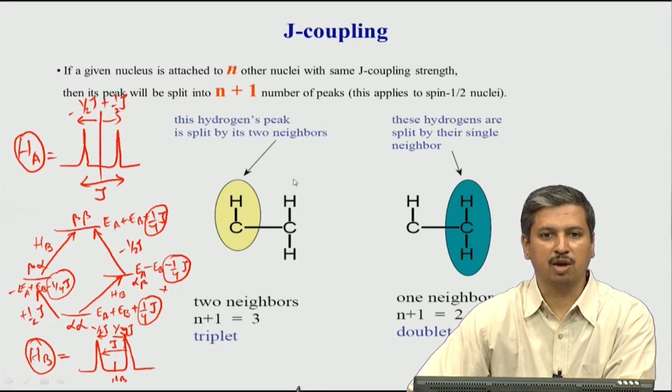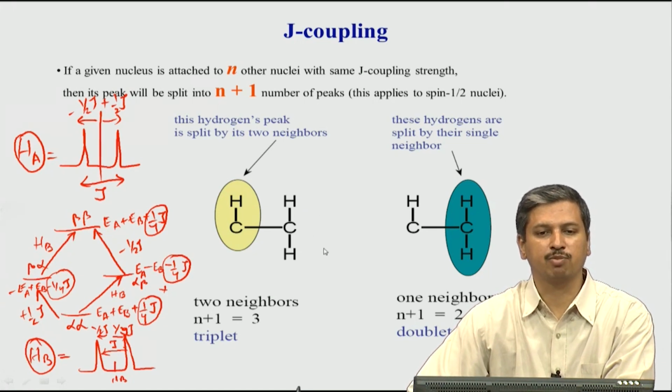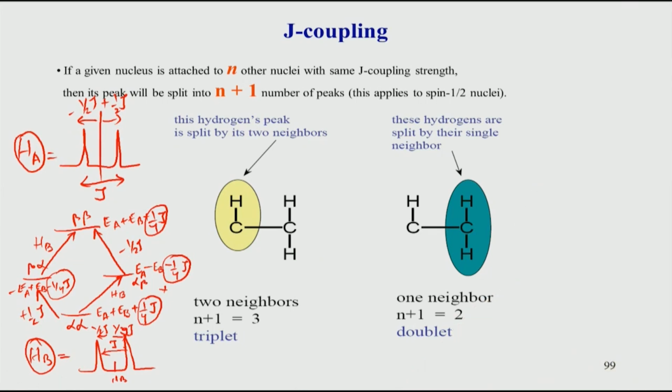Typically this happens when these 2 hydrogens are chemically equivalent. So, the n+1 rule applies specifically where there are chemically equivalent hydrogens and a hydrogen atom is coupled equally to both of them.